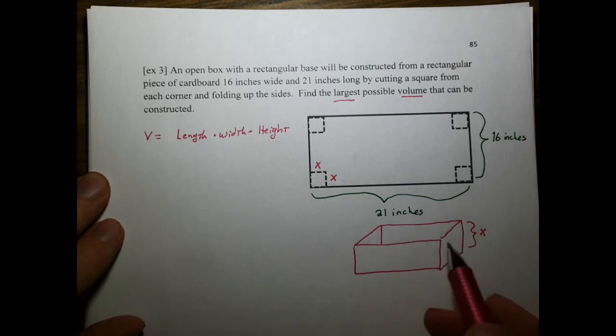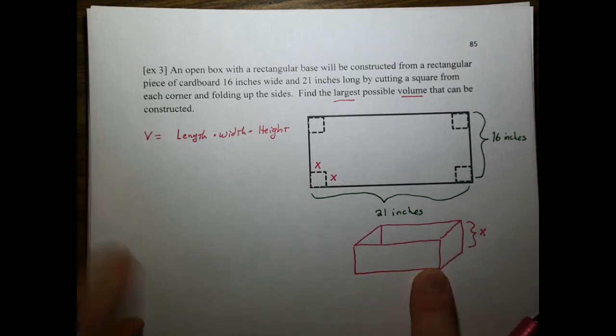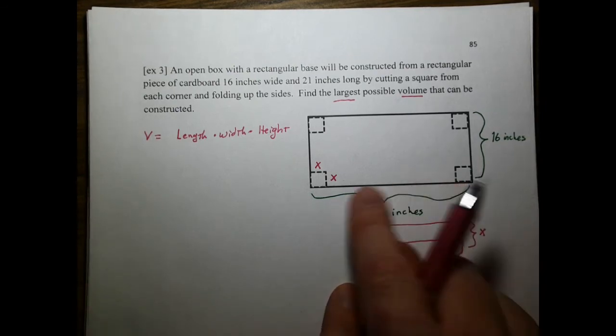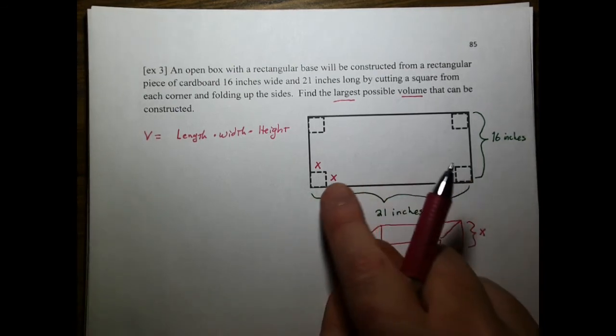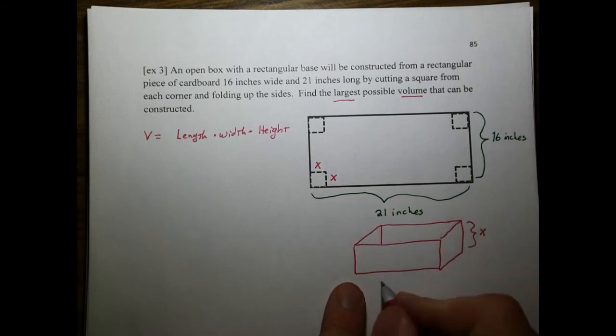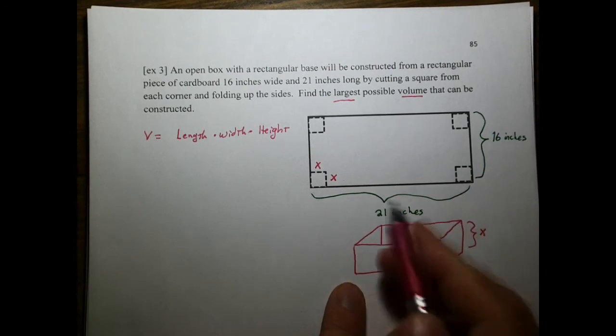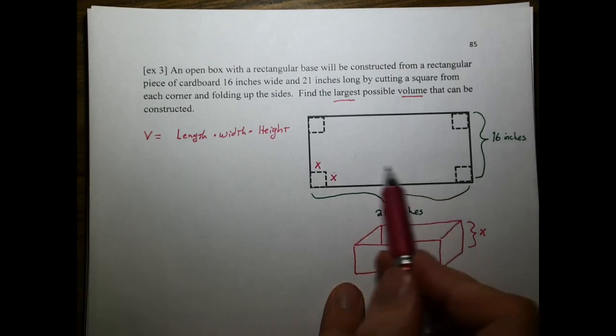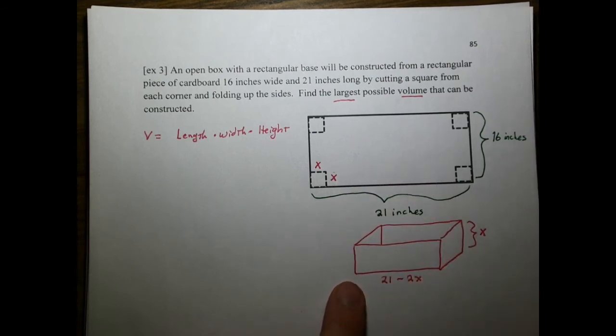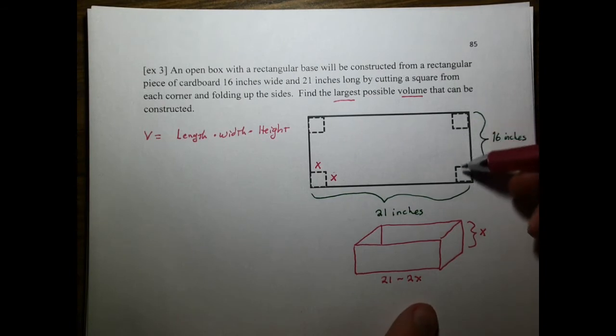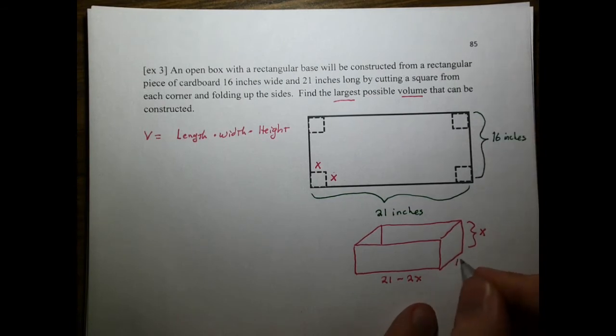But what about the length of it? Well, if you've cut these rectangles out, then we're going to have 21 minus 2x inches for the base of our rectangle. And for the width, we'll have 16 minus 2x.